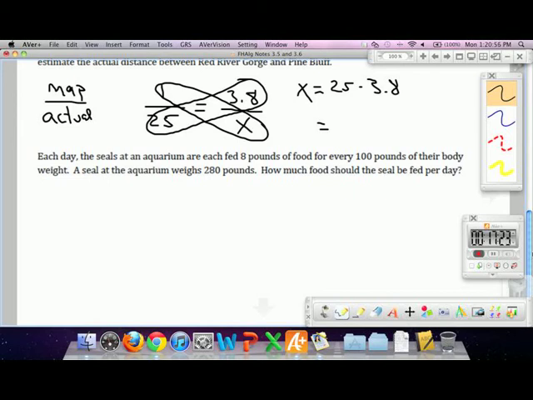It says seals in an aquarium each are fed 8 pounds for every 100 pounds that they weigh. So if they're fed 8 pounds of food for every 100 pounds that they weigh, here's one ratio. This should be equal to, well, what would be another ratio that we can set up?